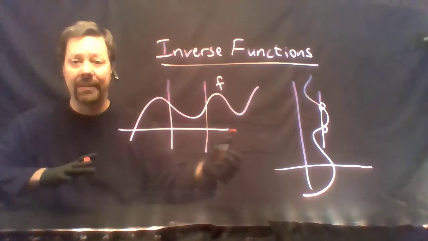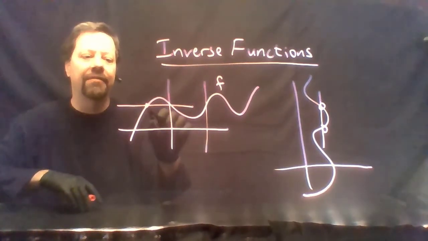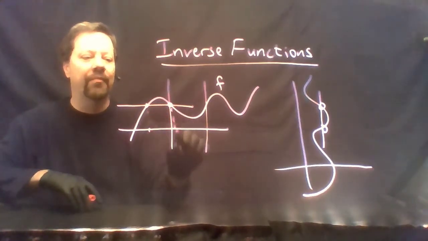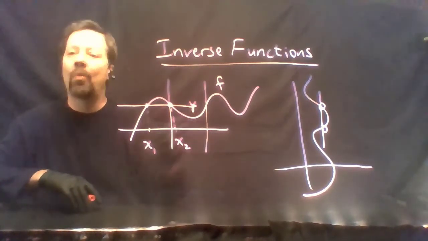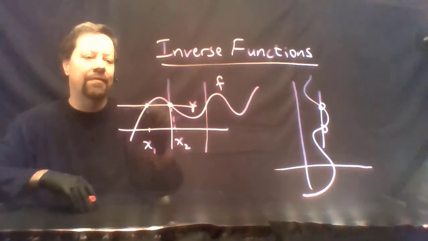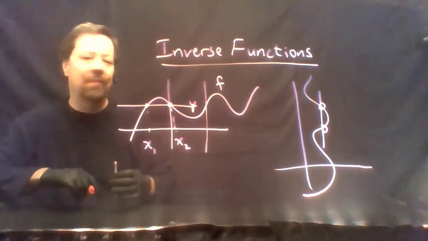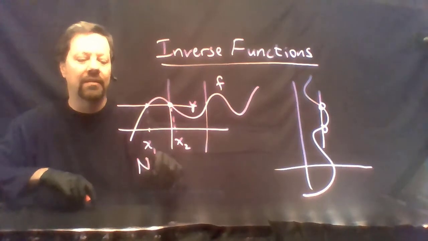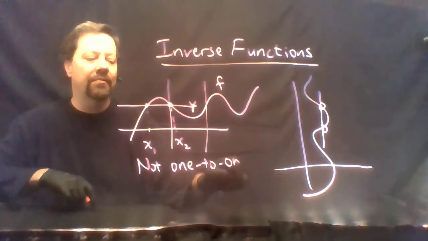And the answer is, a function has an inverse function if and only if it is one-to-one. If and only if you can't find two different x values that have the same y value. So a function that has two different x values and the same y value is not one-to-one.